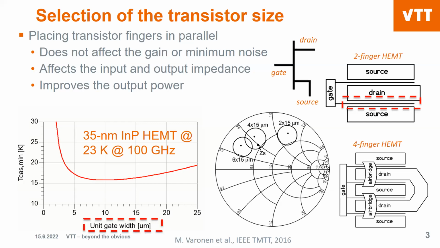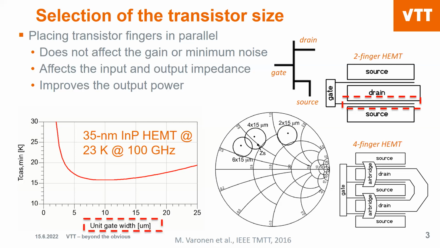On the other hand, if you go larger in the width, mainly the series resistance of the finger starts to dominate. And again, the minimum noise that you can achieve becomes higher. But there is an optimum area where we can choose the finger width. So here we can choose from 5 to 15 micron, single finger.